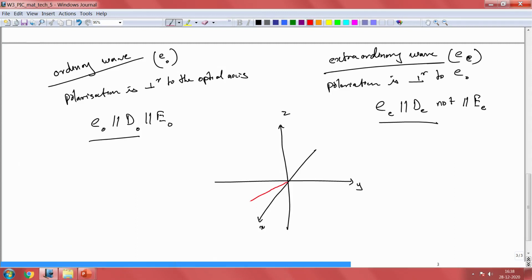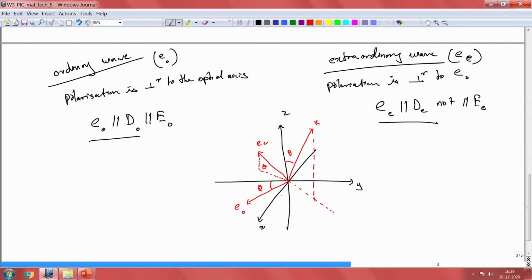So, this is your ordinary wave that has an angle phi, and then you have an extraordinary wave, that is Z, and this has an angle theta to this, and we all know that it is the propagation direction k here, and this angle is again theta.